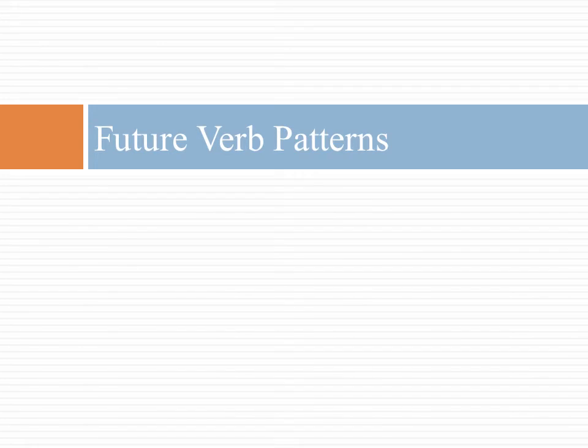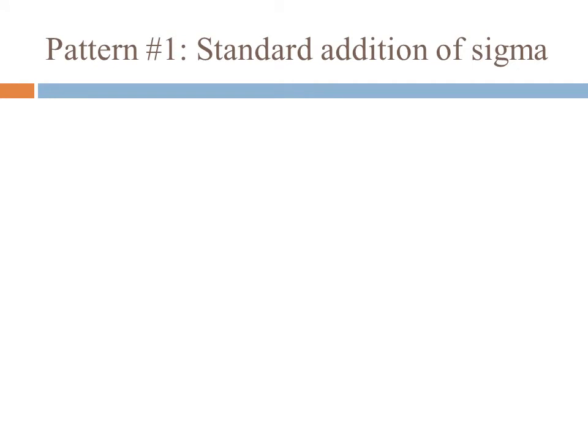Future verb patterns. We're going to look at the patterns of futures, and you're going to find out that they're not that complicated. Pattern 1, the standard addition of a sigma. Remember, the sigma is the tense formative, so the simplest form of the future is the addition of the tense formative between the stem and the ending.